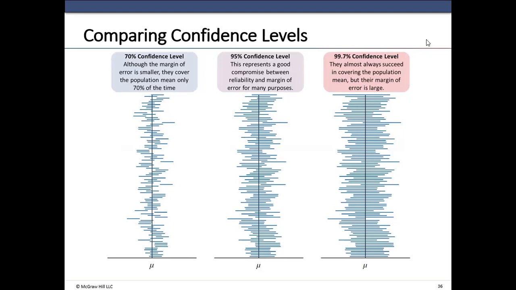But at the same time, notice the width of the interval is much wider, so we are losing accuracy because the width is so large. Hence, the best option is the 95% confidence level, where 95 out of the 100 horizontal lines, which are the confidence intervals, intersect the black vertical line, which is the line for the population mean.